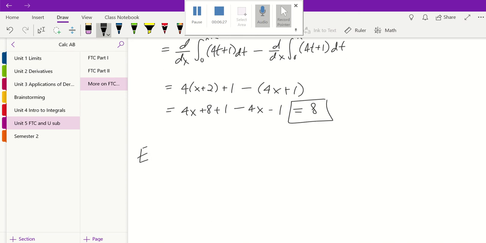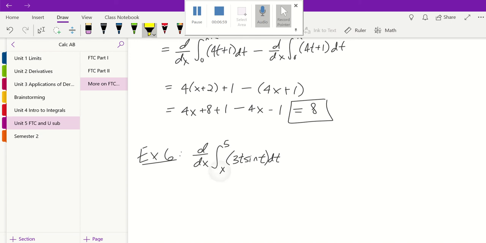Last example. Consider we want to find the derivative of the integral from x to 5 of 3t sine t dt. Now I recommend you pause the video here and take a minute, see if you can figure it out for yourself. Notice it does not match our form, a constant to x.